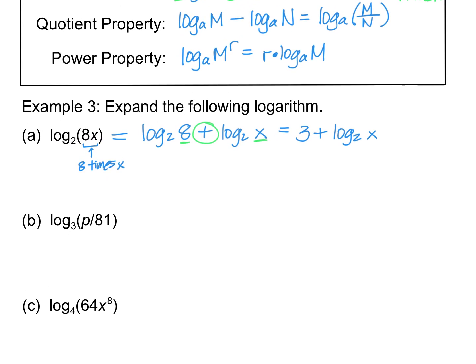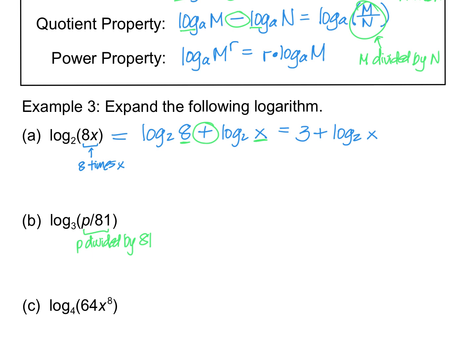Part B, what we see in part B is p divided by 81. And up here at the top, we have m divided by n. And what that allowed us to do is write it as 2 separate logs with a minus in the middle.